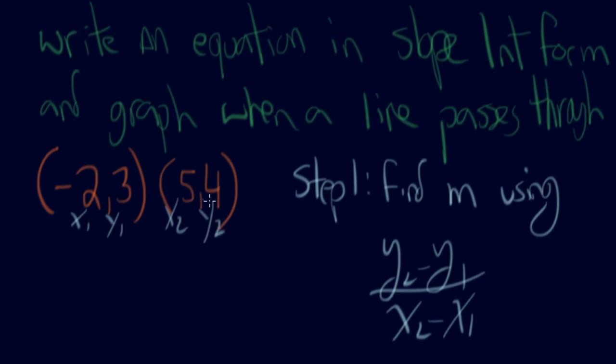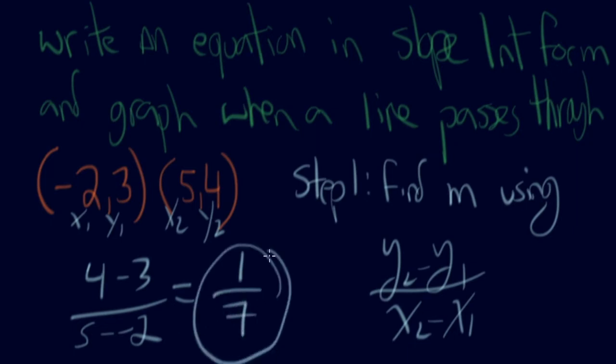So you'd do 4 minus 3 over 5 minus 2. Ooh, double negatives become positive. So 4 minus 3 is 1. This is going to be positive 7. I got m. Step 1 is complete. Woo! Step 1. Awesome.